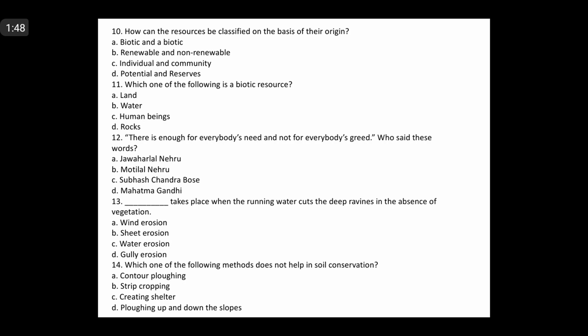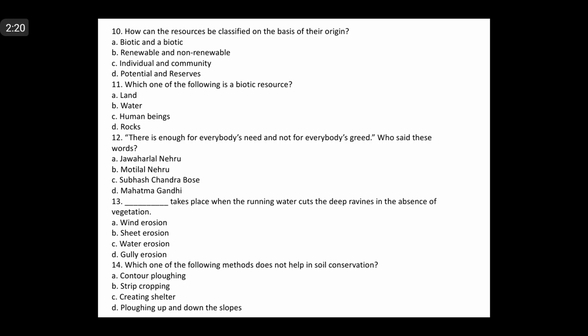He said these words because he wanted that everybody should get equal resources and it should not be accumulated in the hands of a few people. Nature provides resources for everyone and it is not for people's greed, it is for everybody.